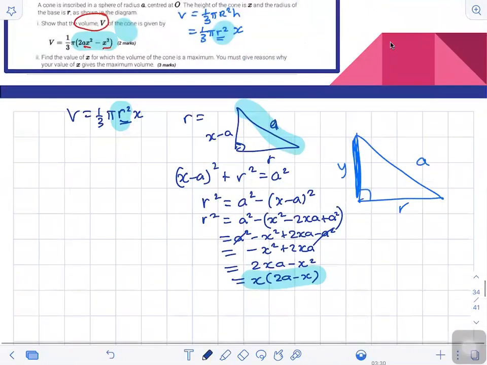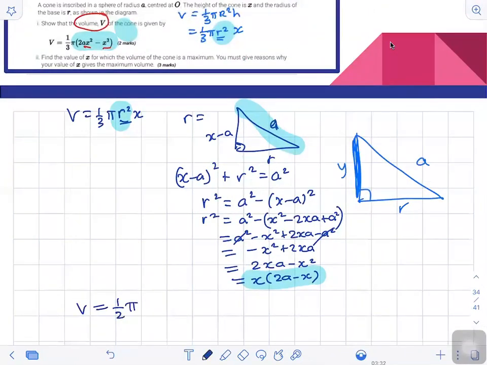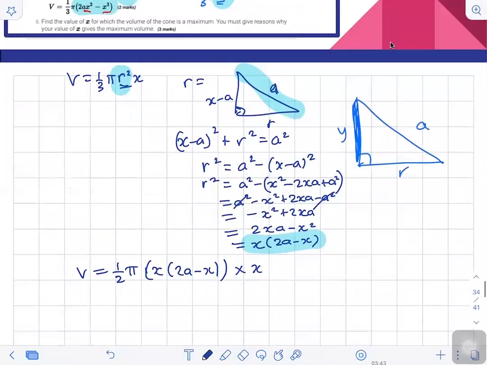So now if I take that and I sub it into my volume, that's 1/3 pi r squared x. So that's x times (2a minus x) times x, 1/3. So it's 1/3 pi x squared (2a minus x).